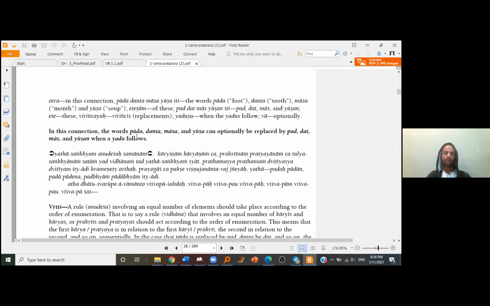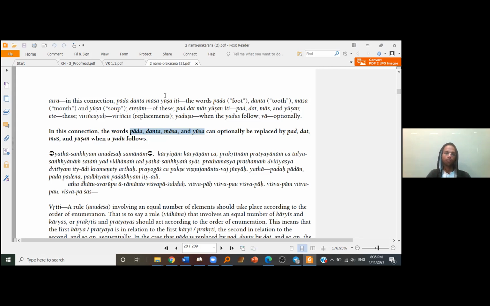Now, what does it imply is one time all the words will take forms like the Krishna word took. Padaha, padau, padaha, padam, padau, padan, padena, padabhyam, padaihi, ityadi.